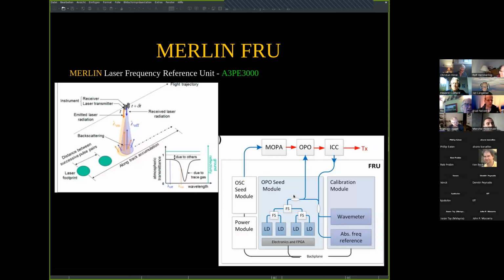And then the last project that I did before retirement was the Merlin Satellite's frequency reference unit. Merlin is a satellite that hopefully will be deployed in 2027 or so.